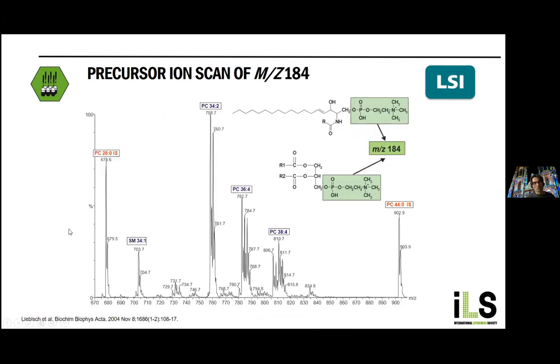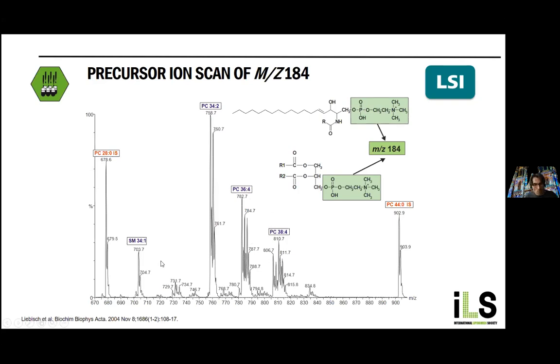And if you use that fragment in a precursor ion scan, you also get a second type of lipid class from a crude lipid extract. It's not only PC generating that fragment, it's also sphingomyelin, because both contain this phosphocholine head group.